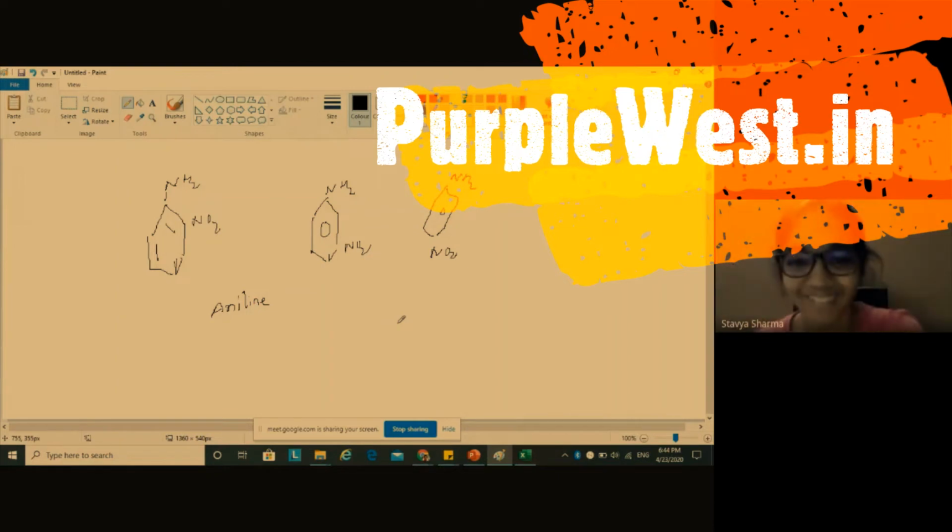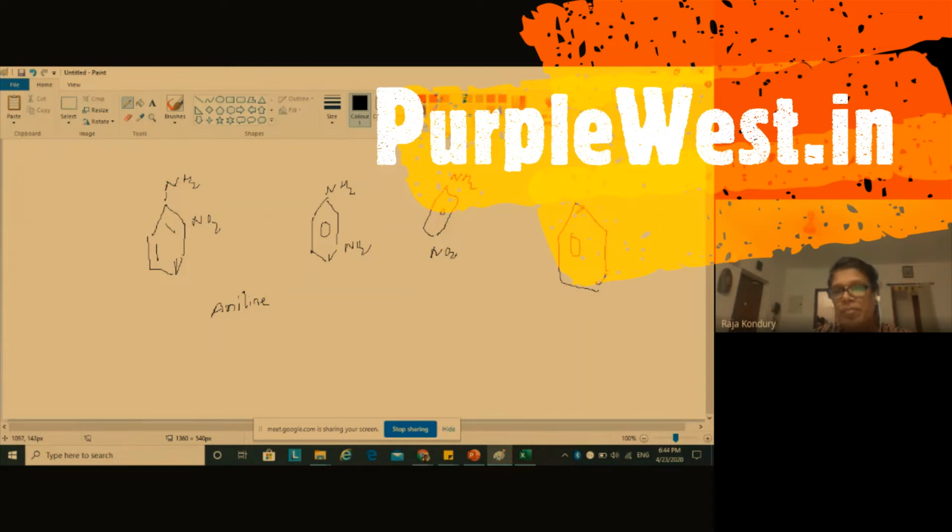Okay. Why? I'm just drawing this much. Draw the formula of aniline. Okay, so what is present in place of this? This carbon is attached to what here? NO2.